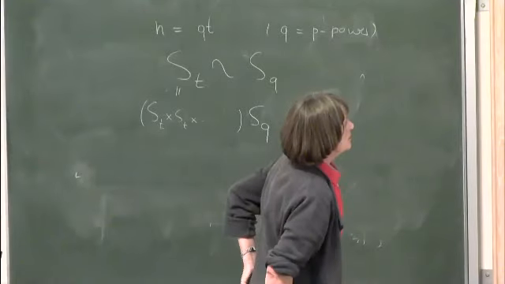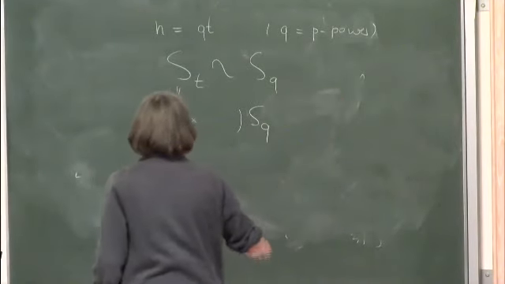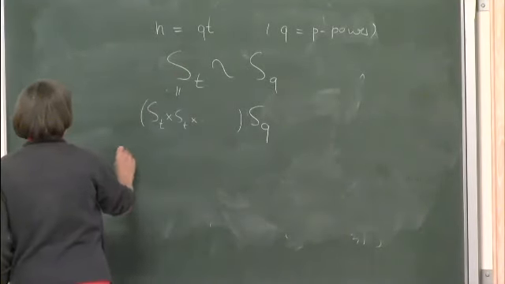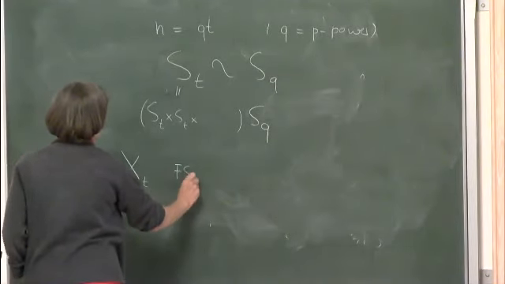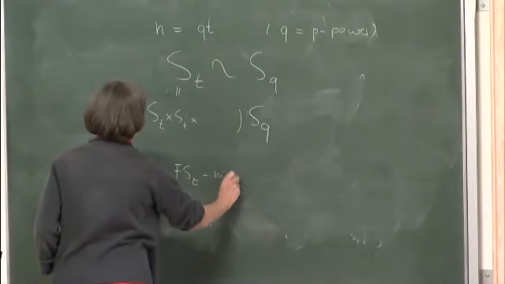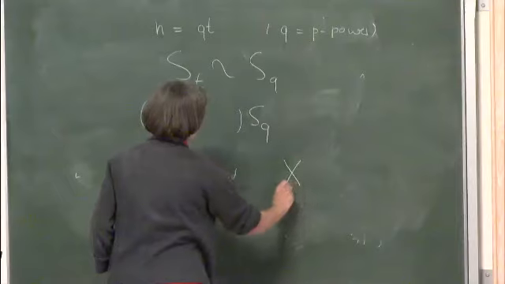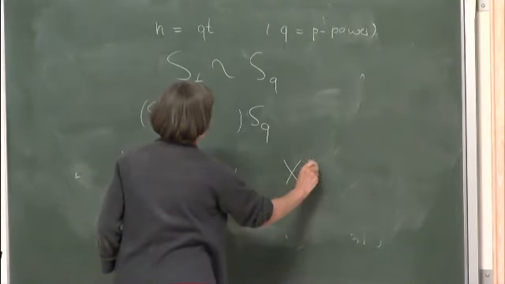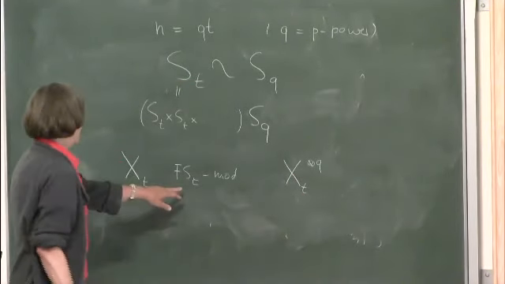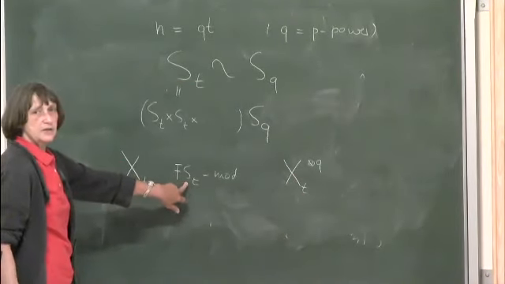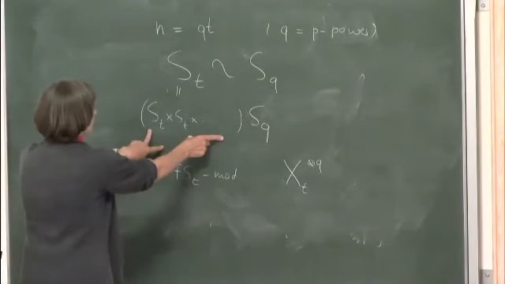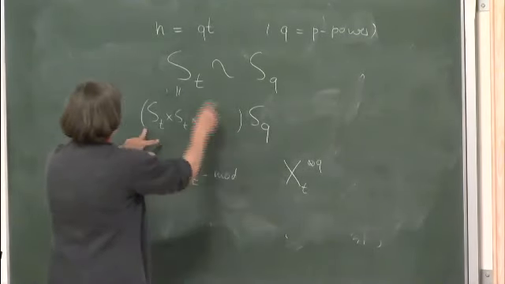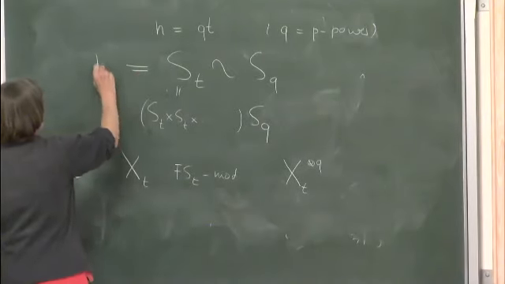So what modules do you have for that? If X is a module for S_t, then you can take the tensor power of that. Well, this is of course a module for the base group in the diagonal action, but it's also a module for the wreath product, maybe call this H for the moment.